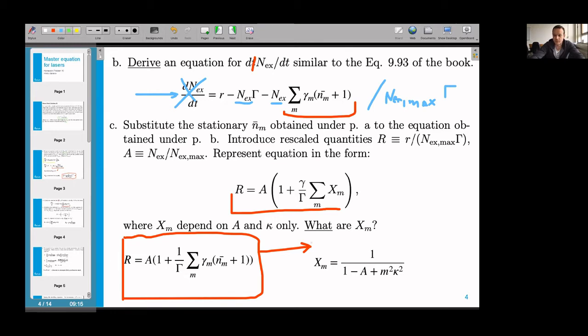Right, and x of m, what you're asked to find, is this solution right here. So it depends on m, it depends on A, and it depends on kappa. Okay, so I'll move to the next.